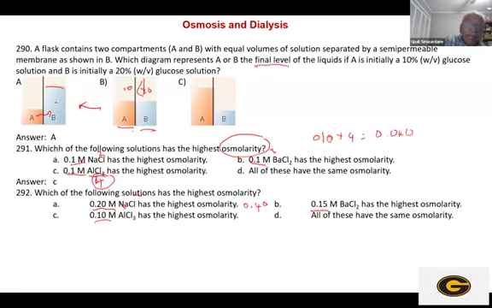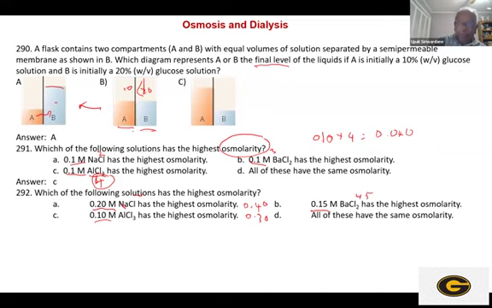Osmolarity here is, barium chloride 0.15 multiplied by 3. This is 0.45.